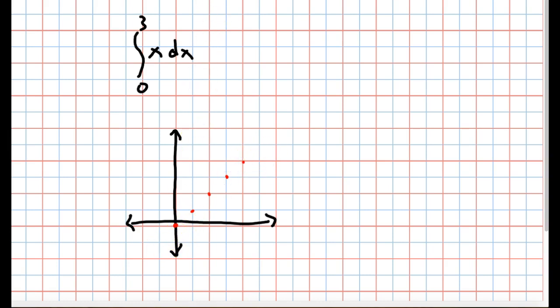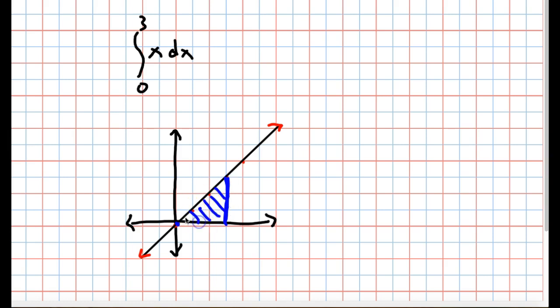I can make a nice straight line there. If I want to evaluate the area under this curve from 0 to 3, we're starting here, and then 1, 2, 3, going to here. So now I'm evaluating this area here.